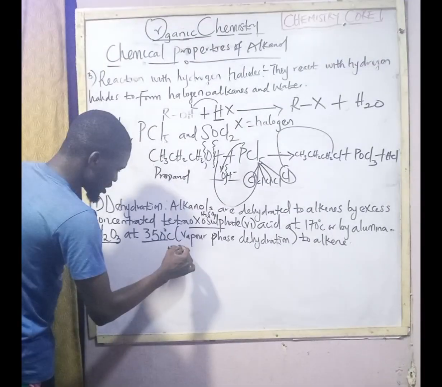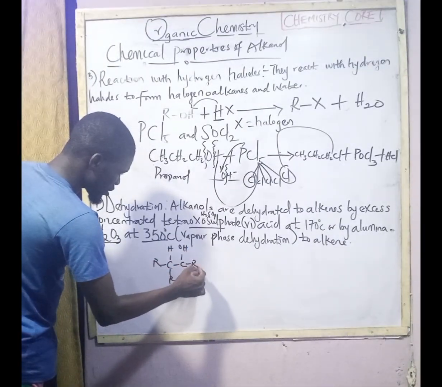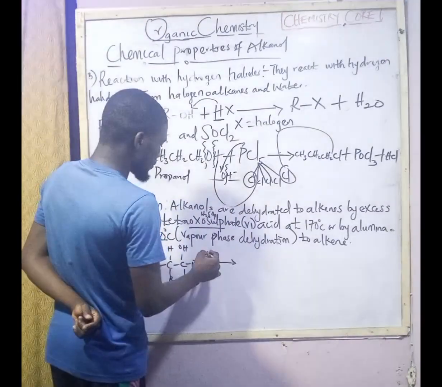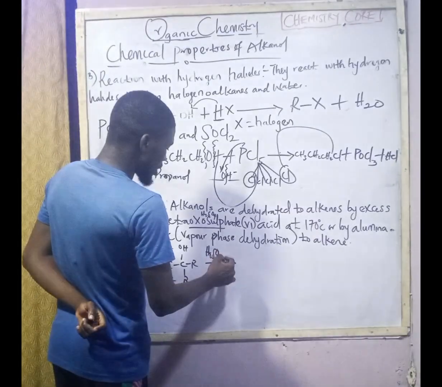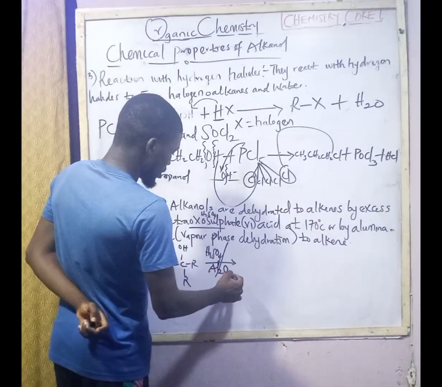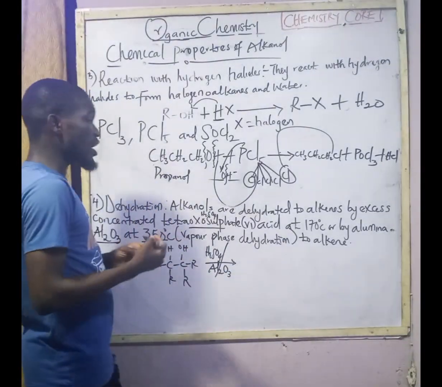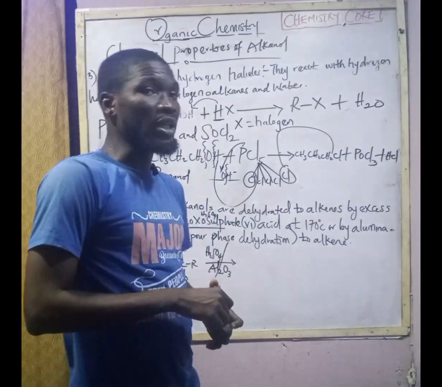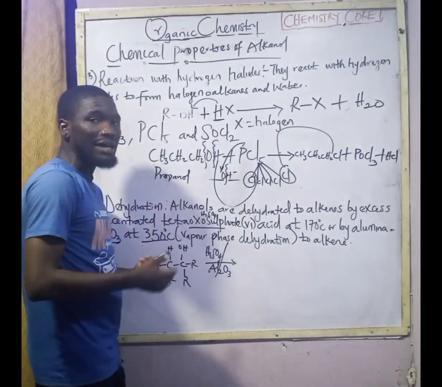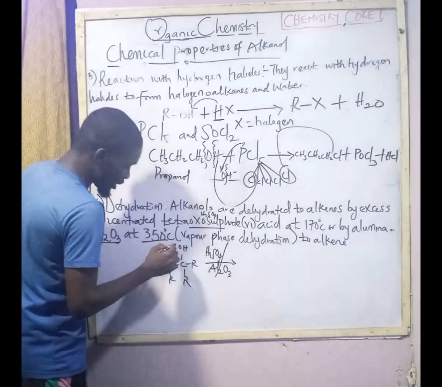So guys, if we have this, let's show you the mechanism. I have H here, I have OH. So either I have H2SO4 or I have the alumina. So guys, for this now, it is very obvious that when we are talking about dehydration, we have to remove water from that compound. So guys, remember looking at what you have here.